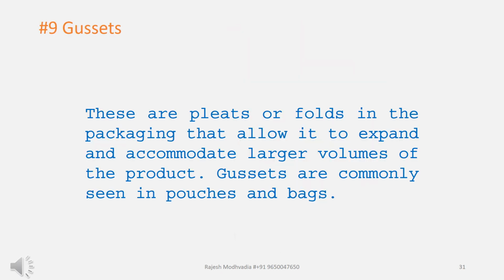Number 9. Gusset. These are pleats or folds in the packaging that allow it to expand and accommodate larger volumes of the product.